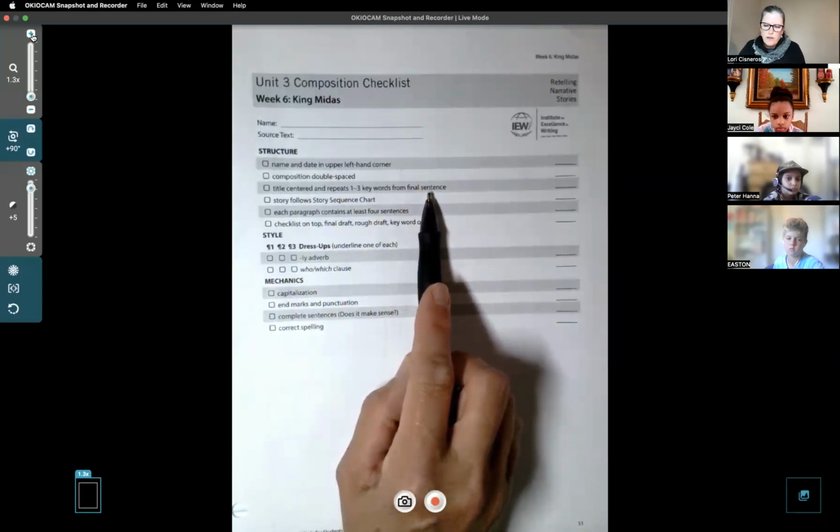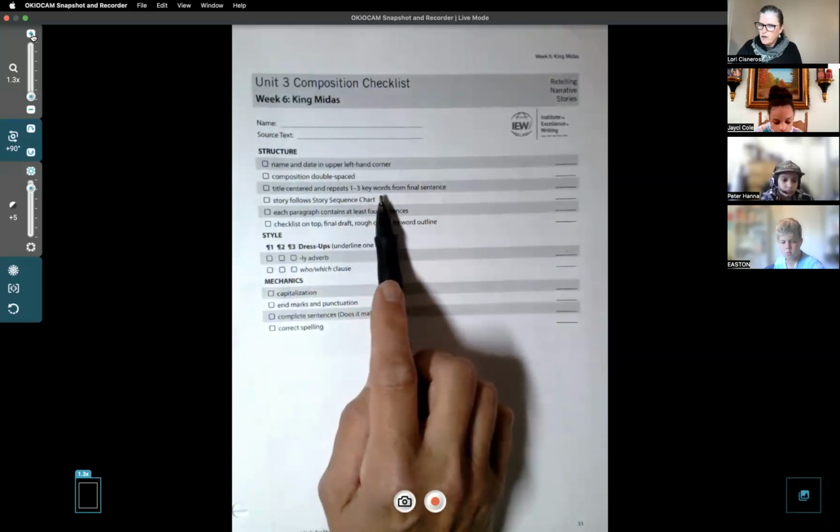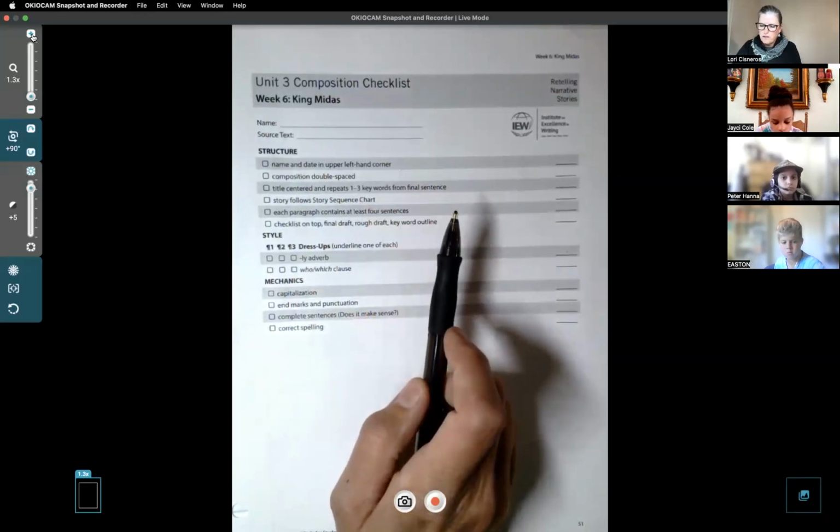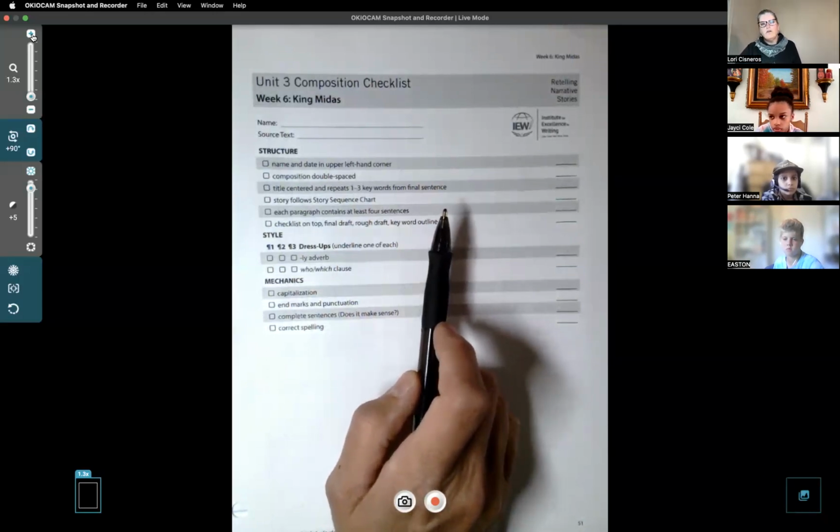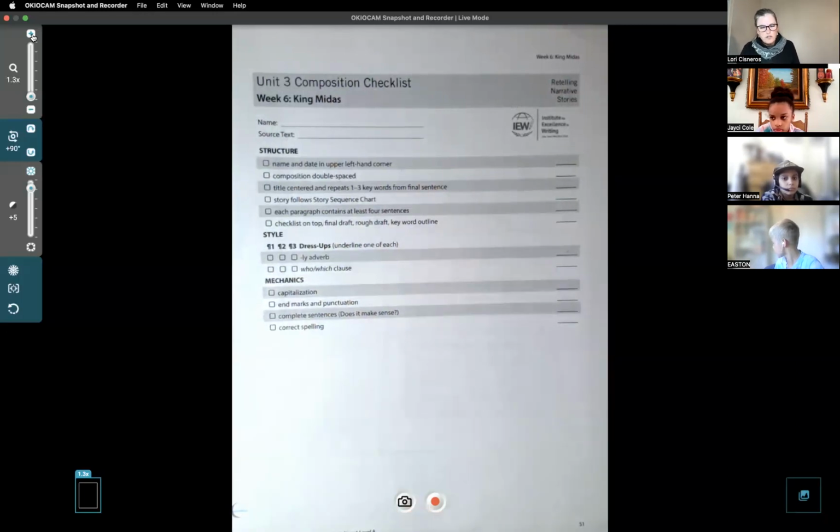That's important for you to pick a new title for your story. When you're done writing it, look at that very last sentence and come up with a new title using 1 to 3 of those keywords. You can pick which ones. You get creative with that. And then if you don't have the words you want in your title, you can add those words to your last sentence. Make sure it connects the title and the last sentence, okay?